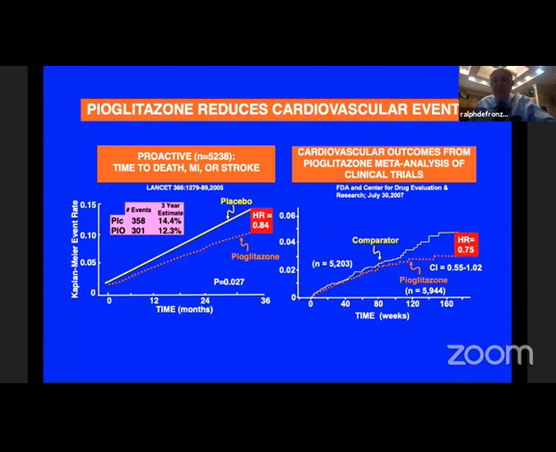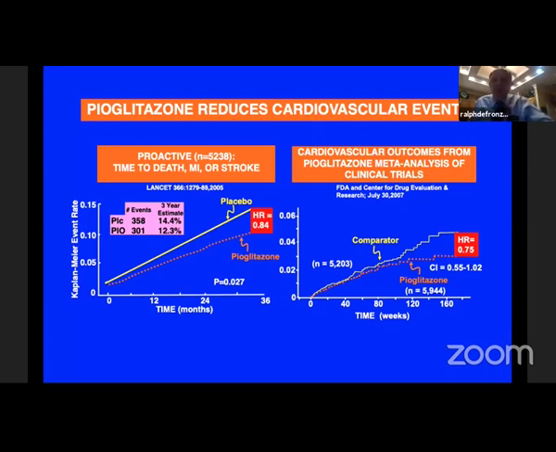Now, the importance of this meta-analysis is, number one, it was done by the FDA, but more importantly, to get into these studies, you could not have a previous cardiovascular event. So this is primary prevention. Hazard ratio is 0.75. There is no doubt in my mind that pioglitazone is a potent antiatherogenic molecule.